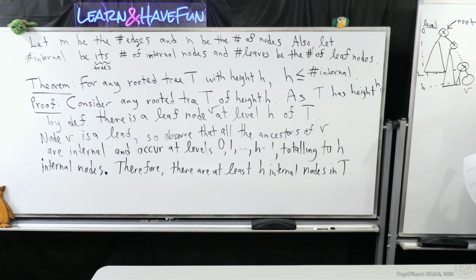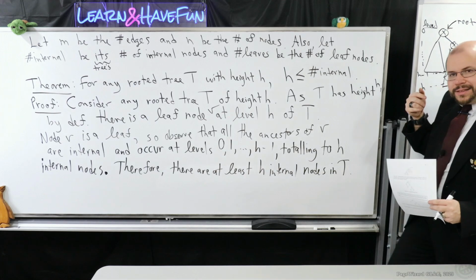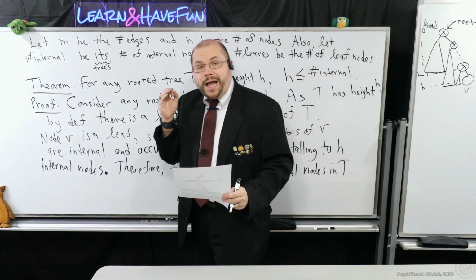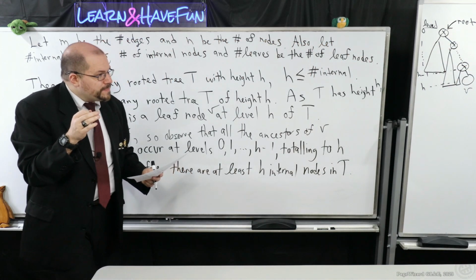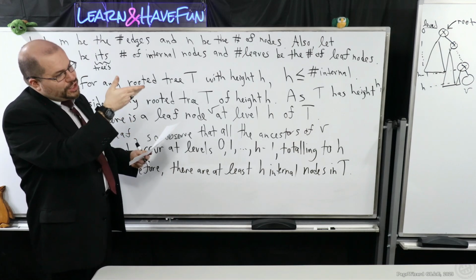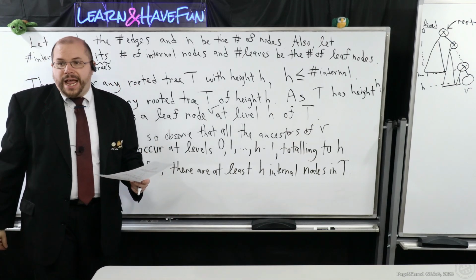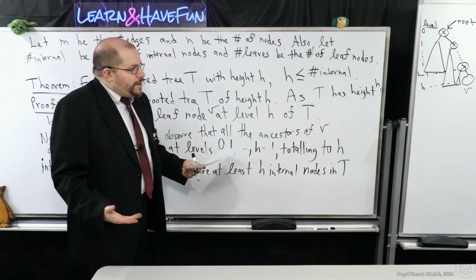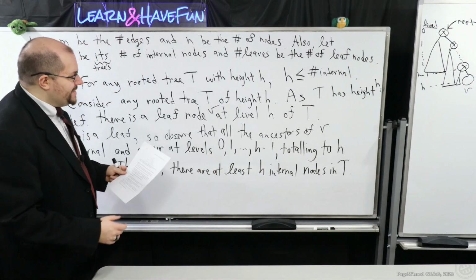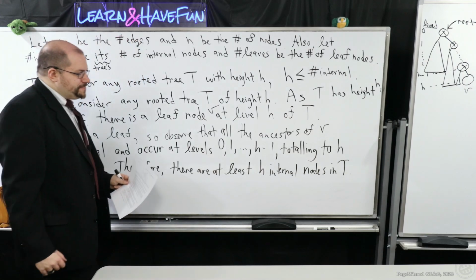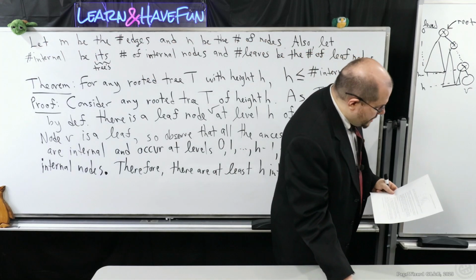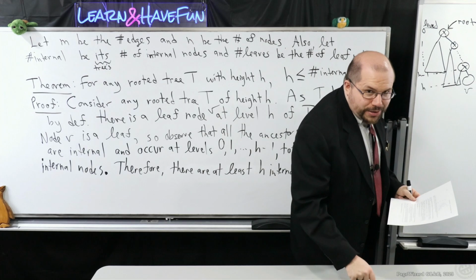So I looked at a leaf node, which had maximum depth. That is the one for which the height will be determined to be h. And I just counted them. That's it. That's all I did. Neat, right? So let's prove another property.